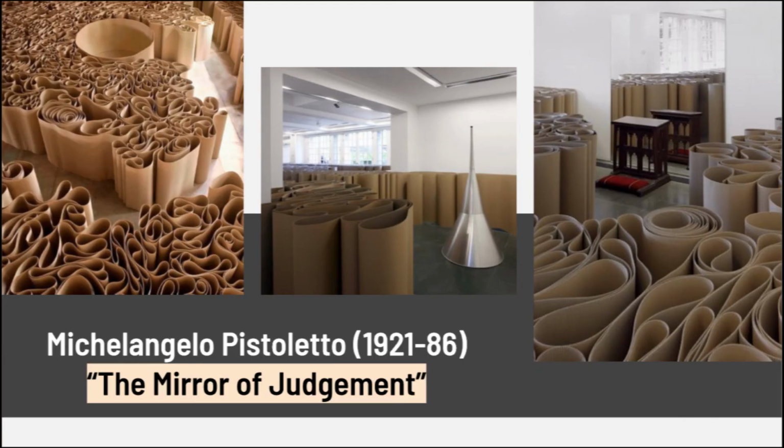The Mirror of Judgment by Michelangelo Pistoletto. This installation is formed by sculptural works of the author amidst the winding passageways of a labyrinth, composed of corrugated cardboard. The author describes the exhibition as a winding, untraversable road that leads to the place of revelation, of knowledge.